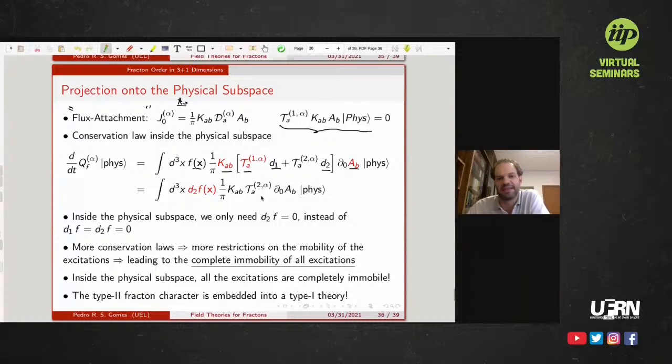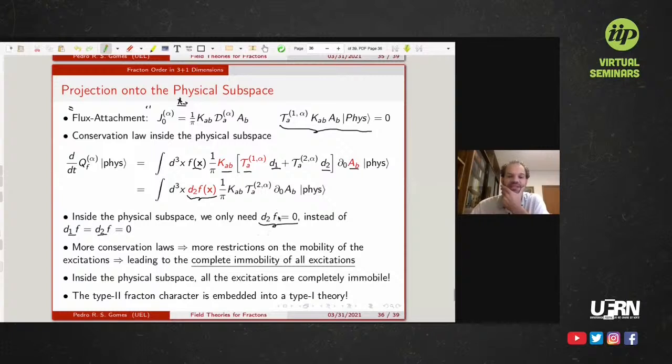And the key point is that after the projection, inside the physical state, the function f is a little more general, because we only need that f be annihilated by D2, not by D1 and D2 like in the previous case. So the point is that this leads to more conservation laws. We have a more general class of solutions here.